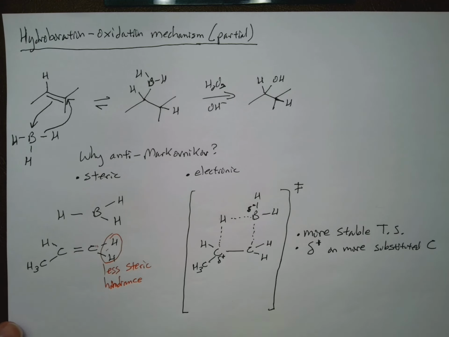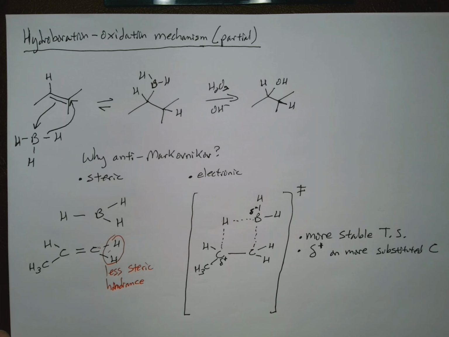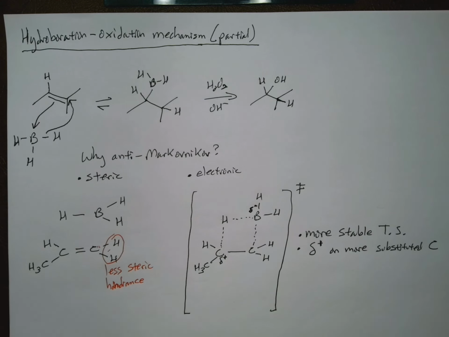So last time we saw the most stable intermediate for either a carbocation or the mercurinium ion. And here we're seeing a transition state that's more stable. All right, so that was hydroboration-oxidation. And in the next few lectures, we'll take a look at some more additions.